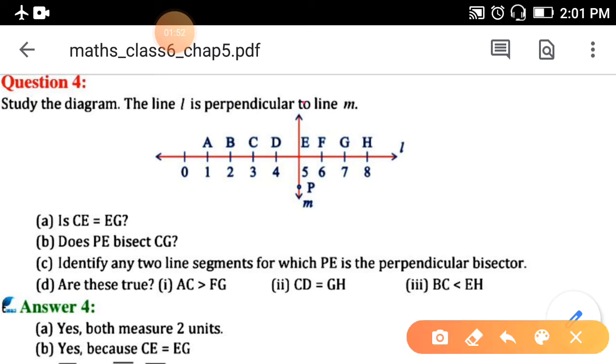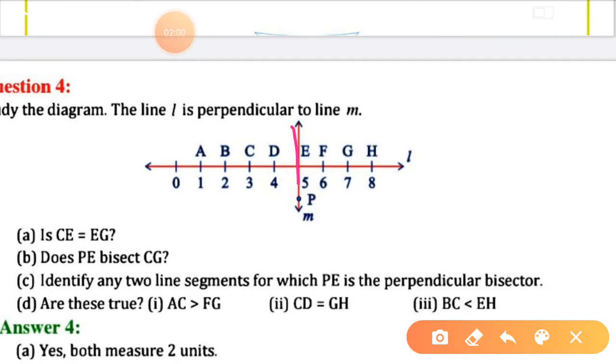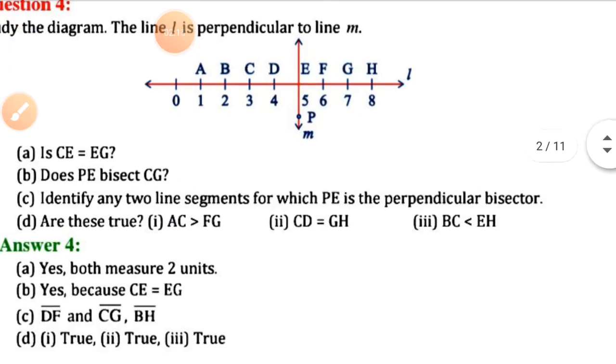So PE divides CG, C to G, into 2 equal parts. You can check on the left side, C to D and D to E is 2 units, and on the right side also 2 units are there. So it is correct. Yes, it bisects CG.